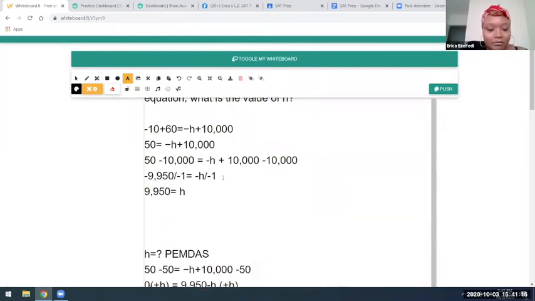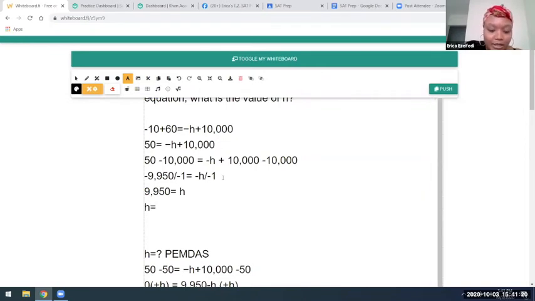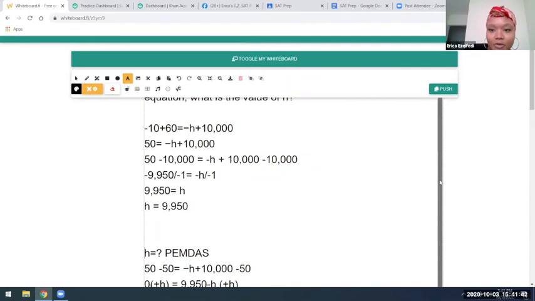So if we just turn things around, H equals 9,950. We can do that because we didn't change anything on either side of the equal sign. So although it looks different, it looks backwards, it's the same equation. If we notice when we were working out Dinasia's little moment of confusion, we'll see that we got the same structure and we got the same answer, but we used two different ways.